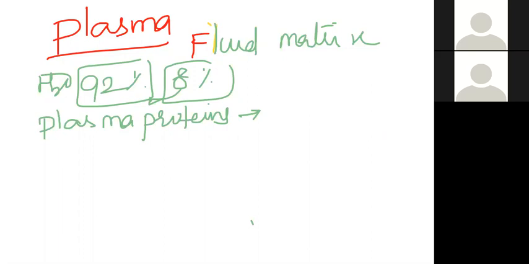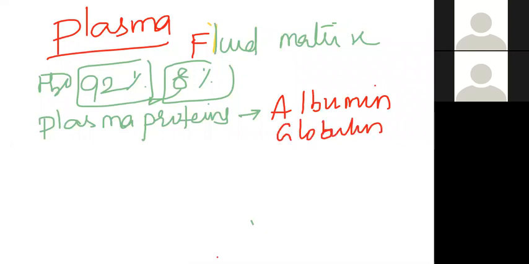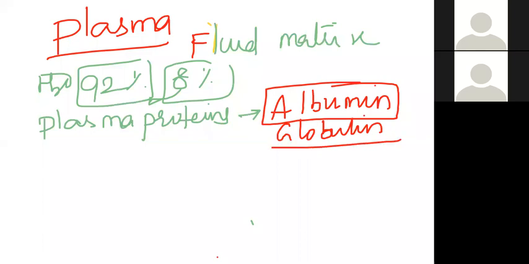But we are talking about the special things present here, the plasma proteins, albumin and globulin. Albumin and globulin are said to be plasma proteins. I will discuss the importance of albumin when I explain the lymph, in the next class. Let's talk about the globulins. The well-known globulins are said to be immunoglobulins.